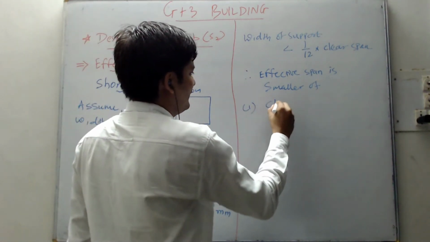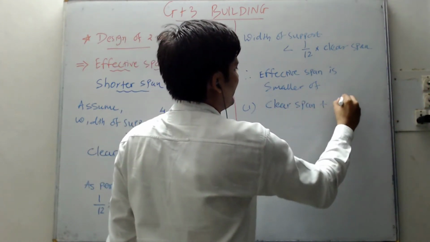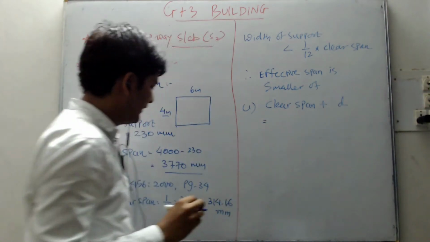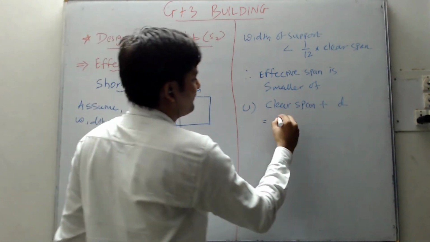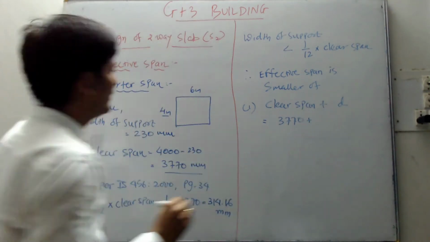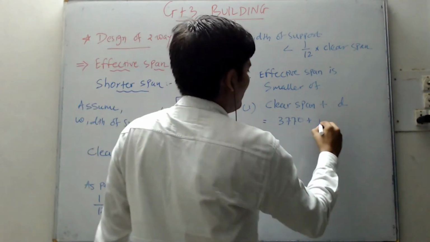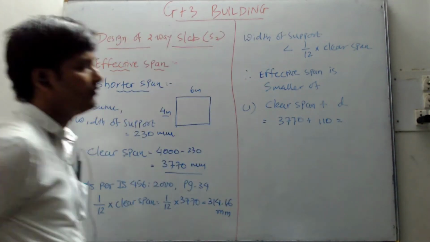Clear span plus effective depth, that is small d. So our clear span is 3770 plus small d, that is effective depth, we have calculated as 110 mm, which comes out to be 3880.